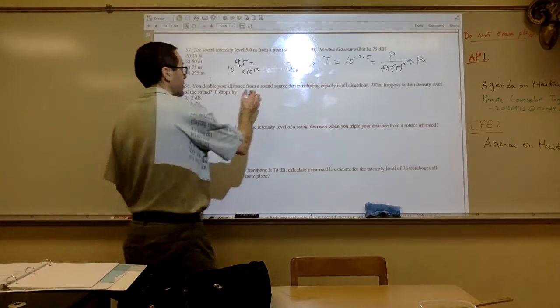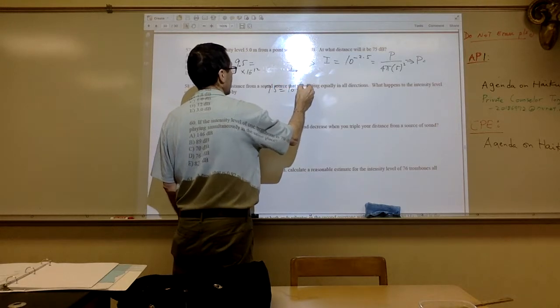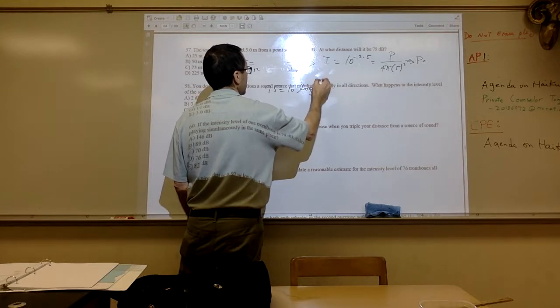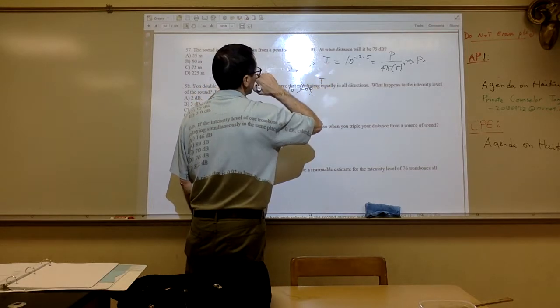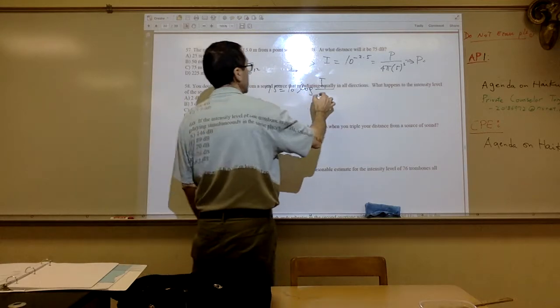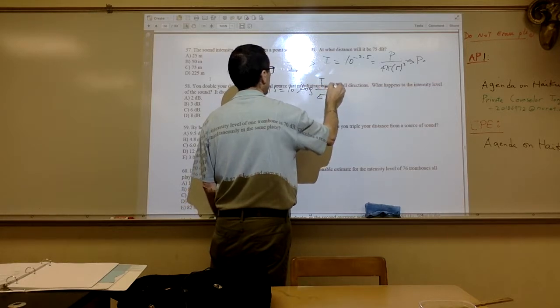Okay, so let's try with 75. So if I do 75 equals 10 log I over 10 to the negative 12. This is a new I for 75.